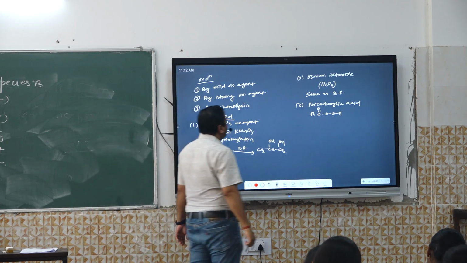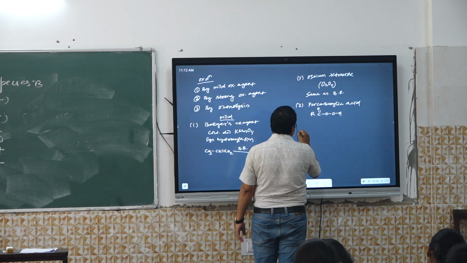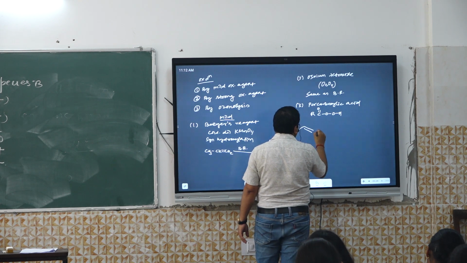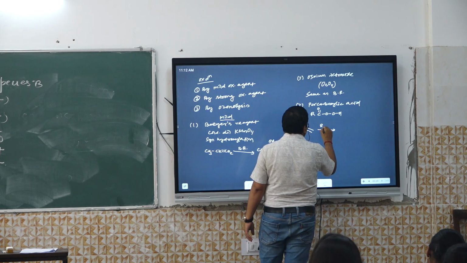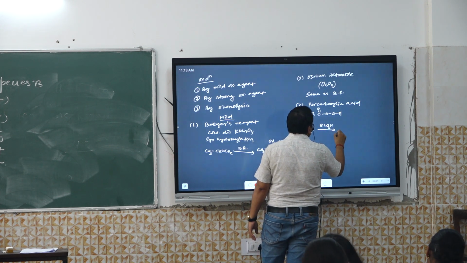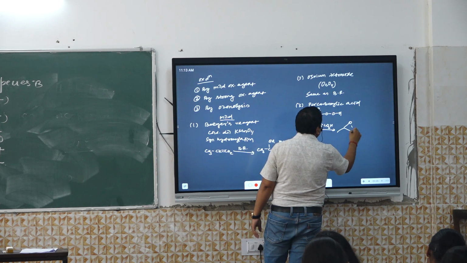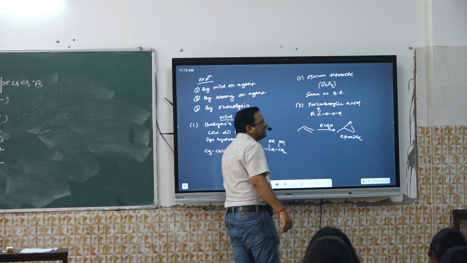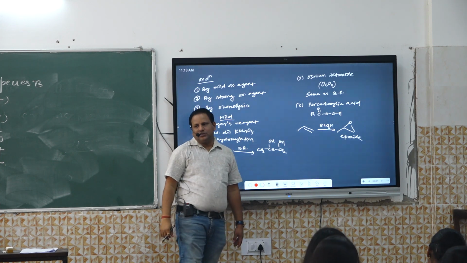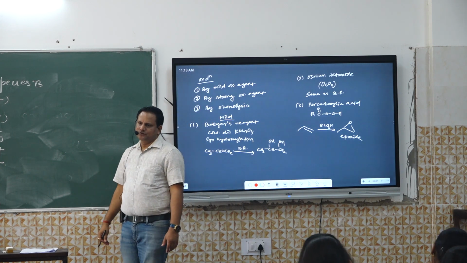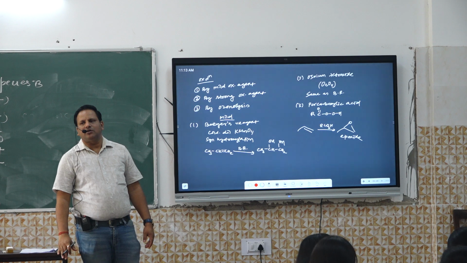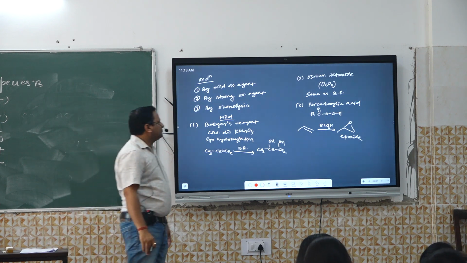If we take this alkene in the presence of it, it makes an epoxide first. You know, a cyclic ether. Cyclic ethers are otherwise known as epoxides.